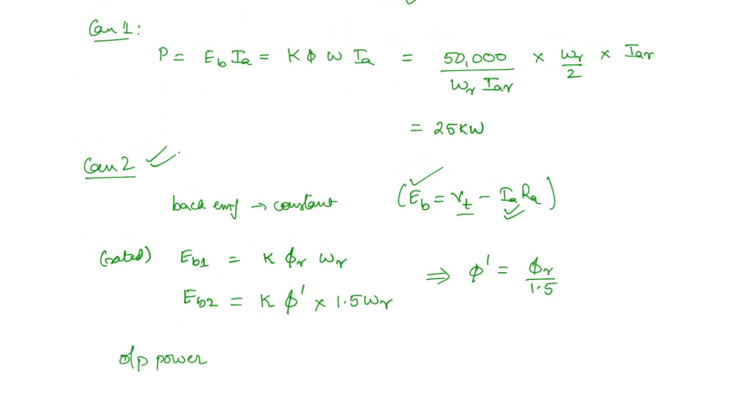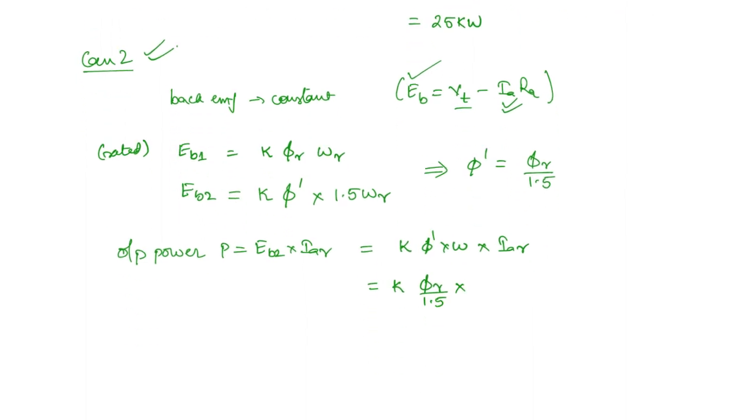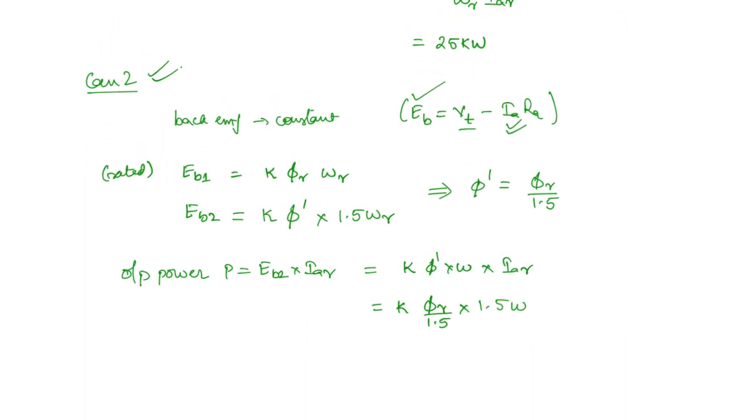Output power is equal to EB2 into IAR, which will remain as it is. So EB2 is given by K into phi dash into omega into IAR. Now you substitute, instead of phi dash, phi r by 1.5, into omega is 1.5 omega r, into IAR. So this is equal to the same 50 kilowatts. Okay, there will be no change.